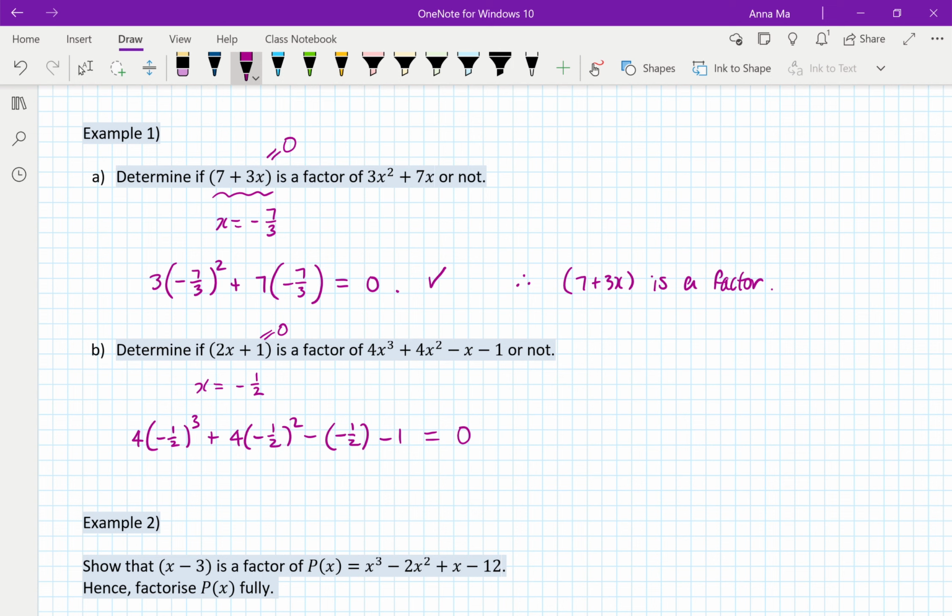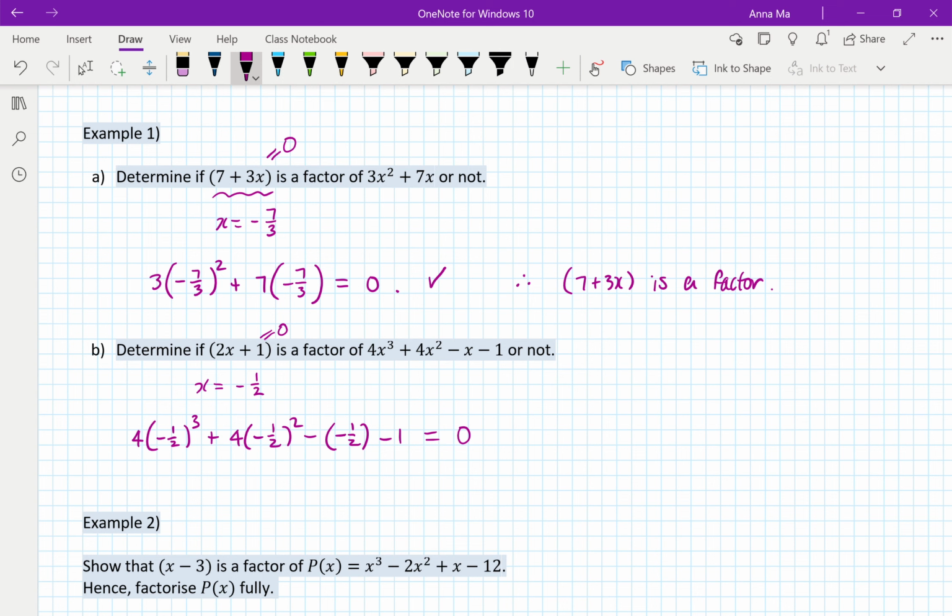Or do you? Actually, I don't trust myself. Let's double check. I don't know if you can see the calculator on the screen. 4 times negative 0.5 cubed plus 4 times, that's just a quarter, plus half minus 1. 0.